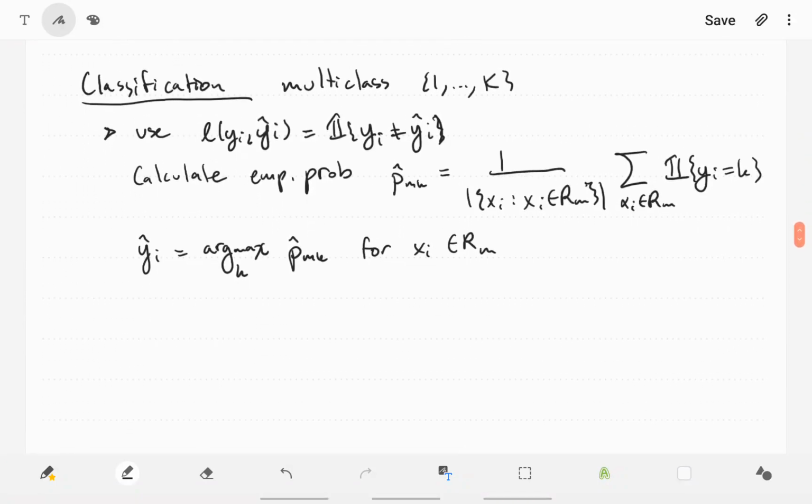Now, there's a couple of tendencies that we see if we use 0-1 loss. One thing is that it can often give unbalanced regions, so it'll have a tendency to separate out smaller regions that contain just a couple of points, in favor of having a completely pure classification.